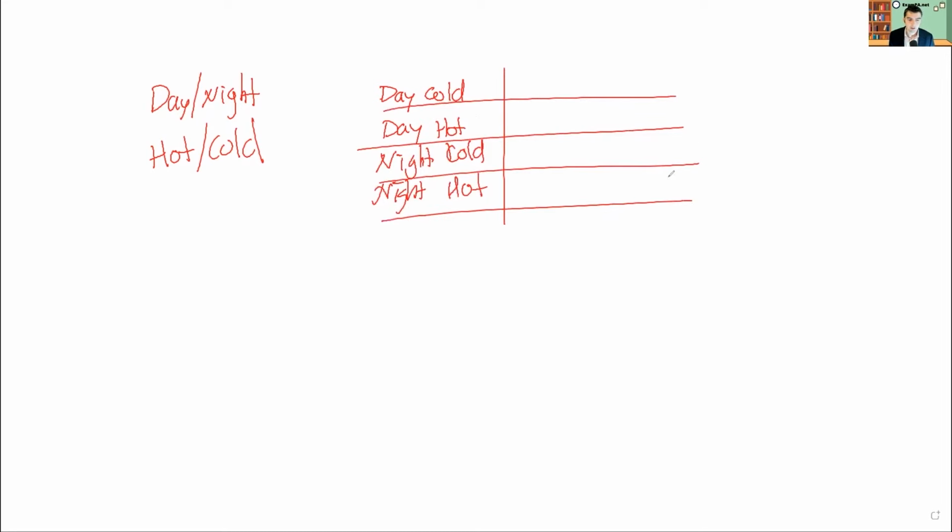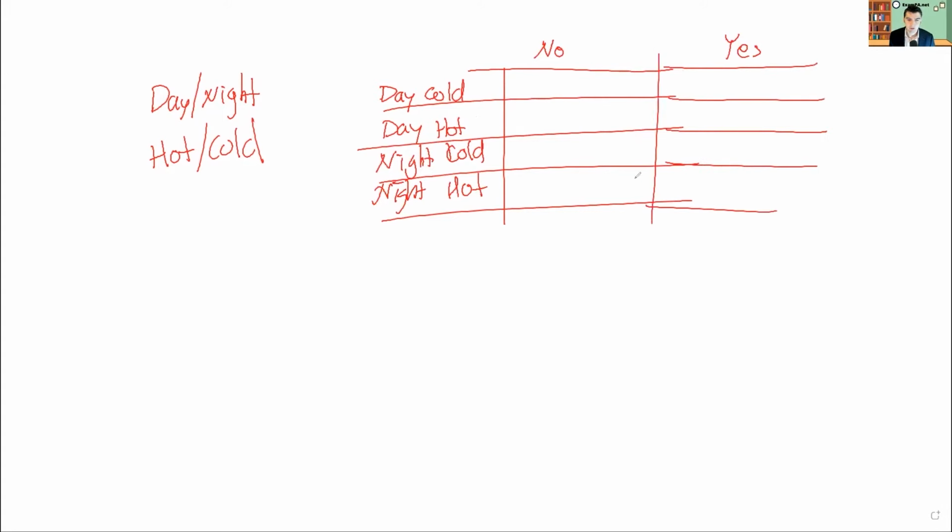Let's say you're just looking at the histograms, and this will be no interaction, and this will be yes. If there was no interaction, then only one variable would make a difference.